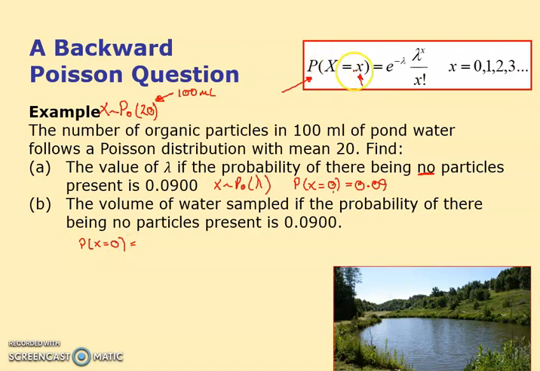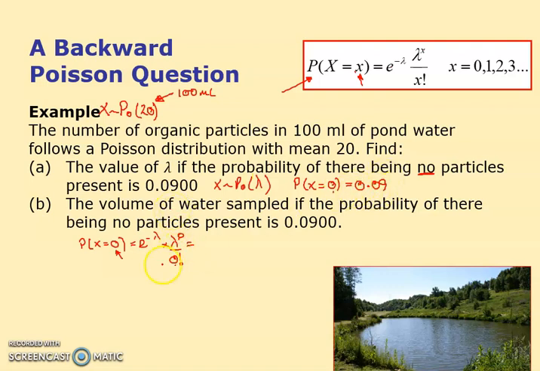So if it's 0 here, then it's e to the minus lambda times lambda to the x, where the x in this case is 0, over 0 factorial. That is very useful and deliberate that they were both zeros, because if it was any other number, it would be quite complicated.